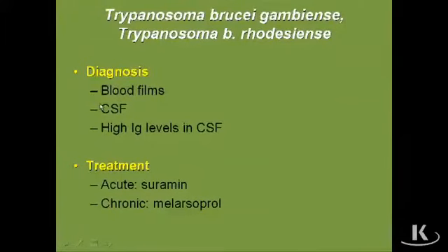So again, you're going to find little trypanosomes in the blood films, but again, you are not expected to recognize that to make a definitive diagnosis. For treatment of acute sleeping sickness, you can use suramin, or for chronic sleeping sickness, you can use melarsoprol.